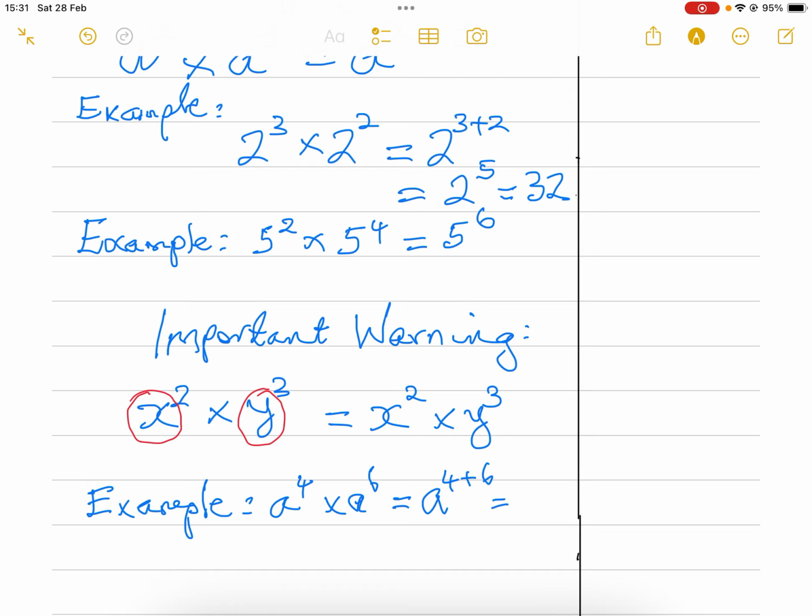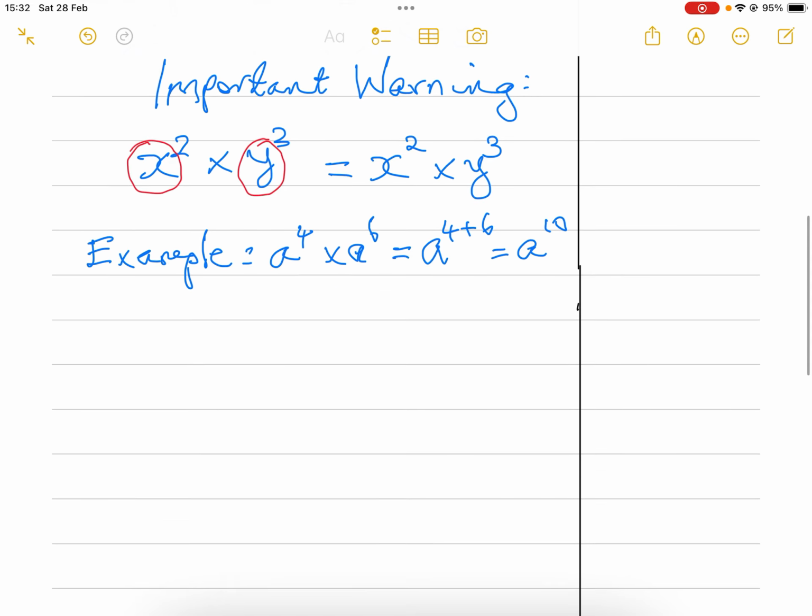A raised to power 4 multiplied by a raised to power 6. This is a raised to power 4 plus 6. This is a raised to power 10.